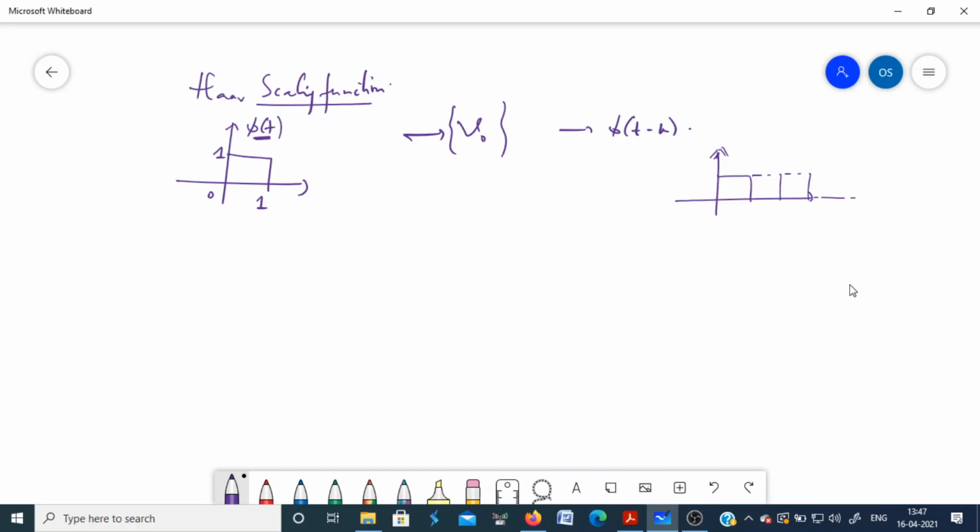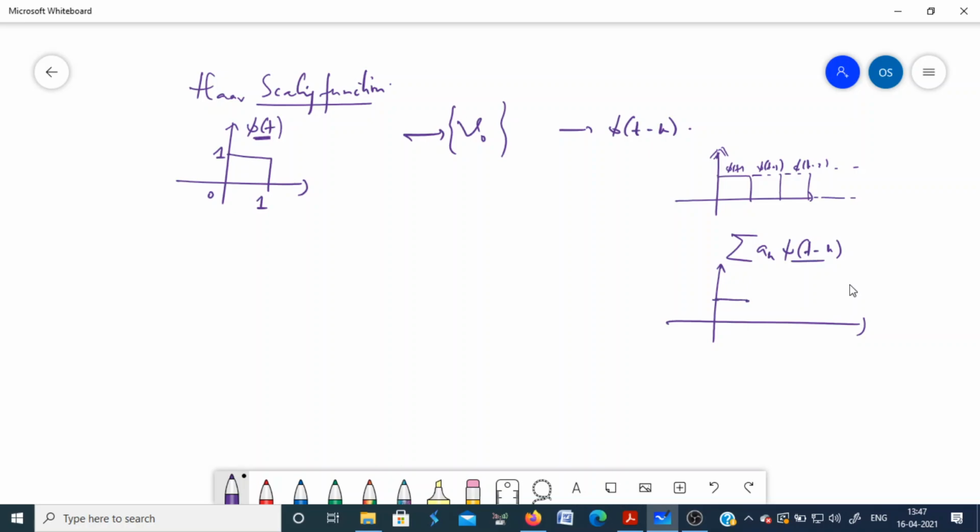If you multiply these with some coefficients ak, you can generate functions which are piecewise constant. Suppose you multiply phi t with 1, it will remain 1.